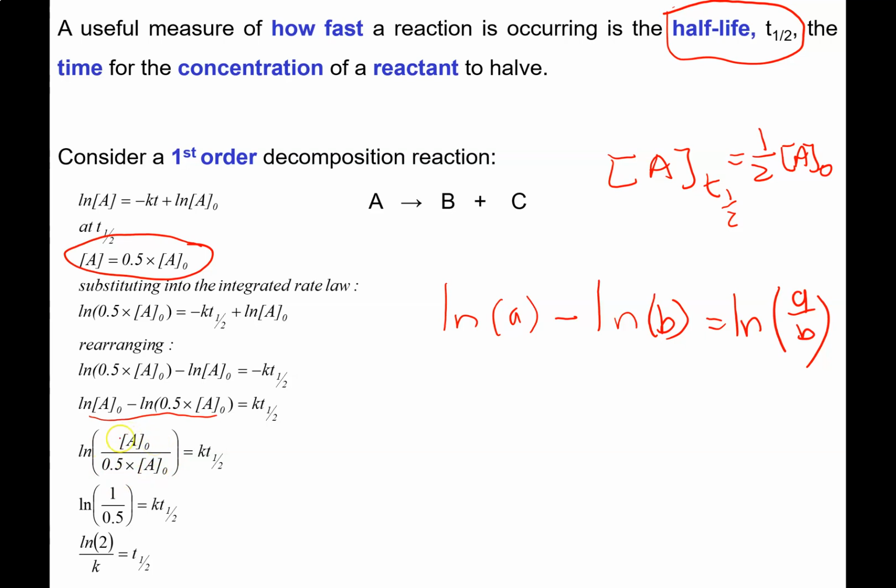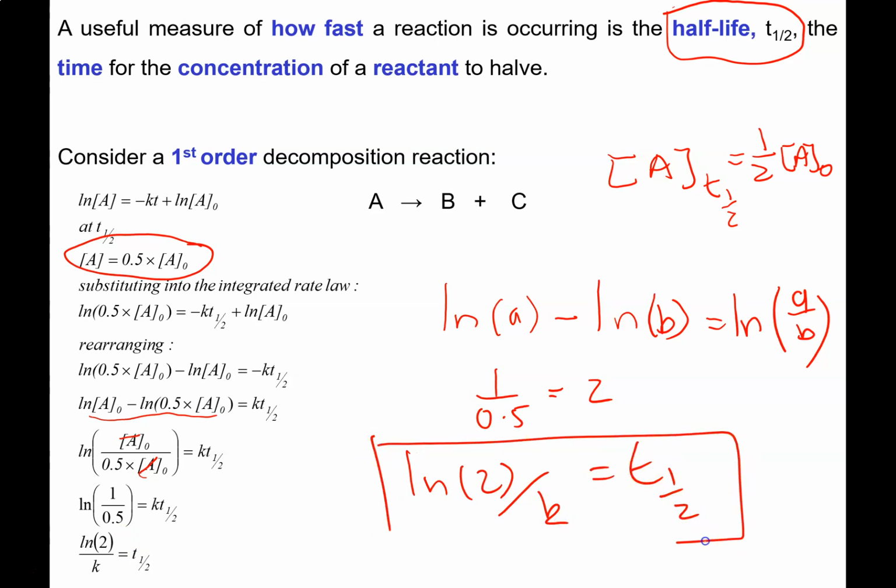So these terms are going to cancel out, and I'm left with log of 1/(1/2). Now, if you don't know, 1/(1/2) is equal to 2. So now I'm just going to divide both sides by k, and what am I left with? Log 2 on k is equal to my half-life, and that is valid for any first order process for a reaction that has only one reactant.